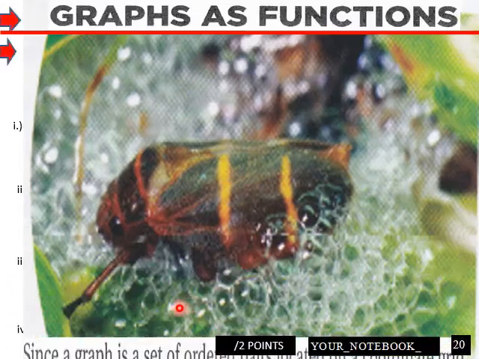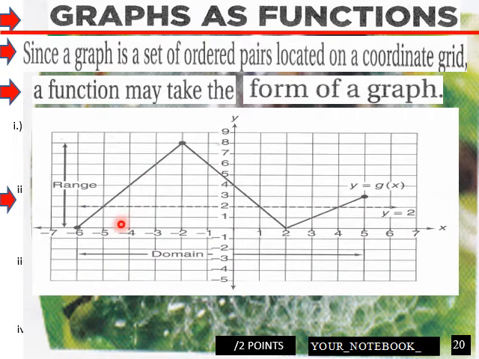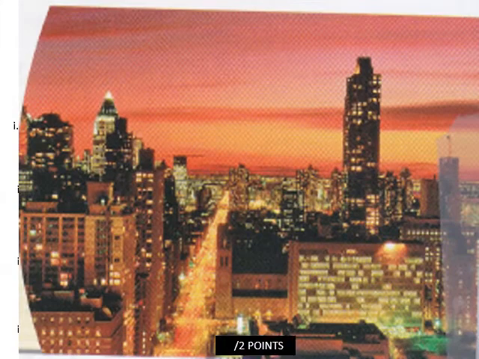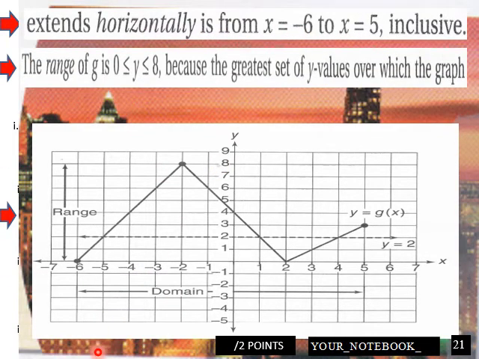So, graphs of functions. A graph is a set of ordered pairs, like this here. The domain of g is from -6 to 5, since the greatest set of x for which the graph extends horizontally is from -6 to 5.